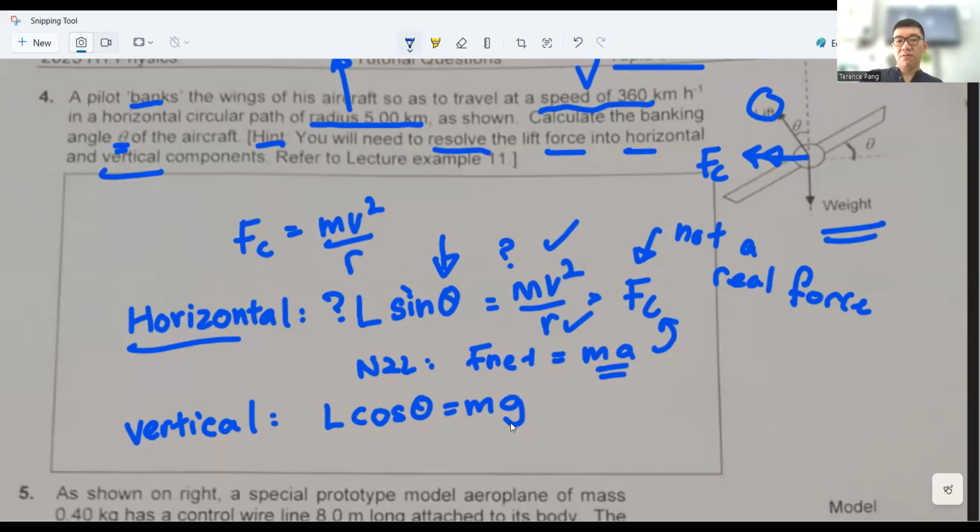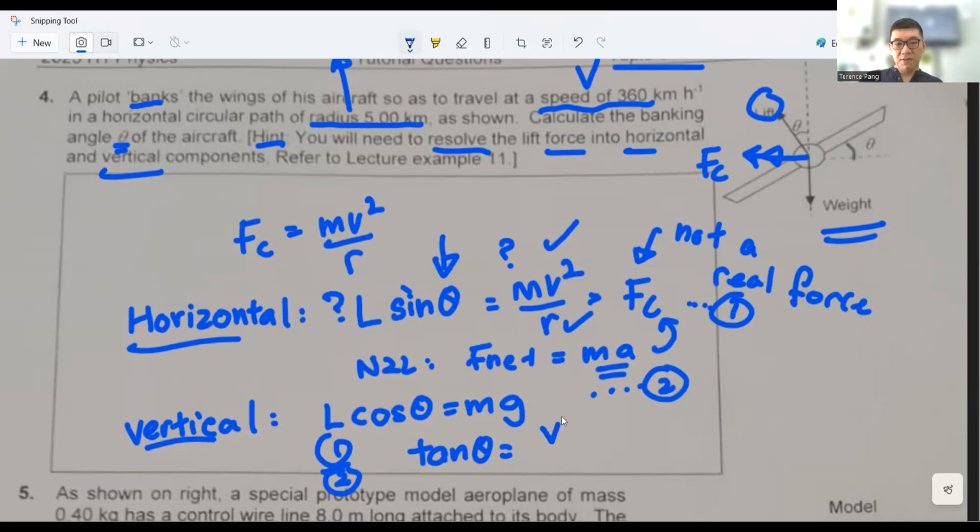Very interestingly, in the world of A-level physics, you can divide the two equations by each other. Let's call this equation 1 and this equation 2. Equation 1 over equation 2 gives you: L and L cancel. Sine theta over cosine theta is straight away tangent theta. m and m cancel as well.